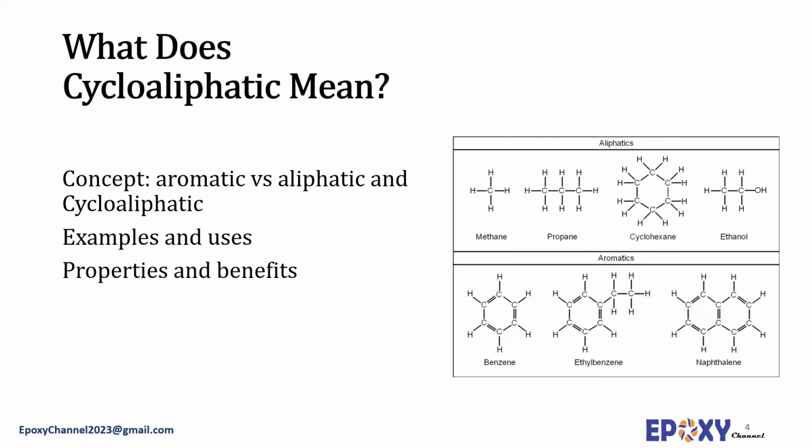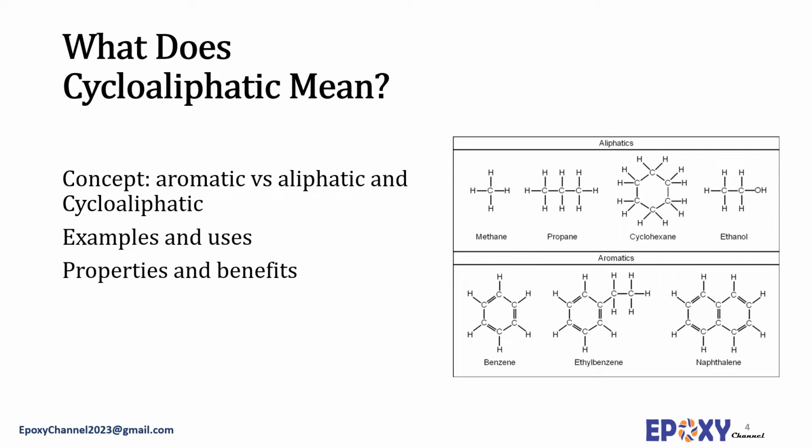Aromaticity means the molecule has cyclic or ring-shaped structures with pi bonds in resonance, those containing delocalized electrons. Aromatics often have a pleasant odor or aroma, and compared to aliphatics, the carbon to hydrogen ratio is low.